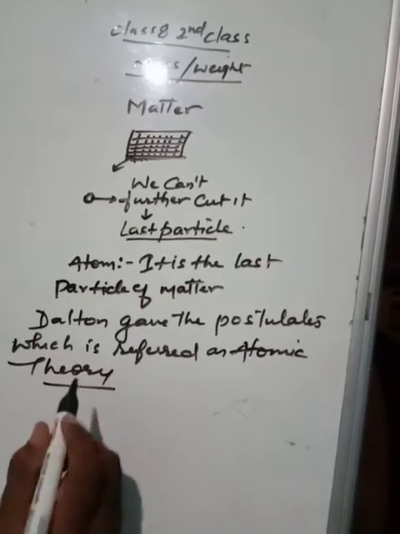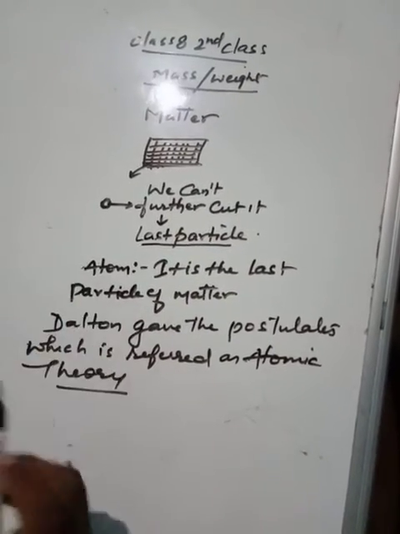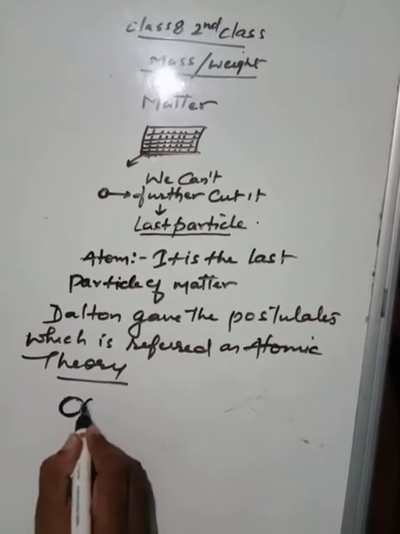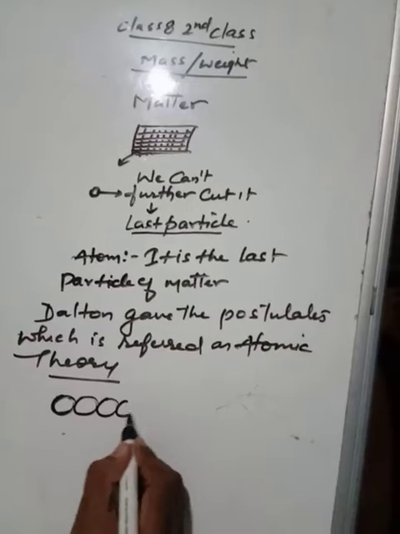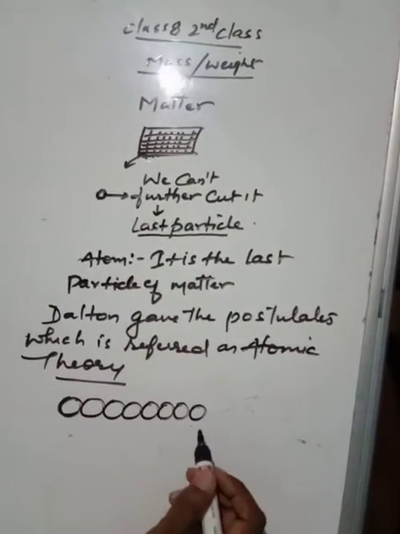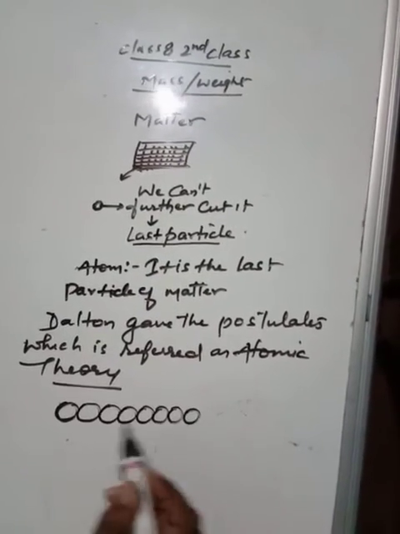I'm not going to have the discussion on that particular thing. I'm not going to waste time on it. But atom is this particle. If the same types of atoms combine, then the molecule will become bigger, and ultimately it will be a matter.